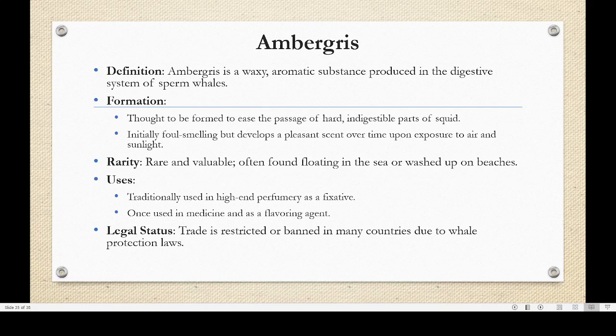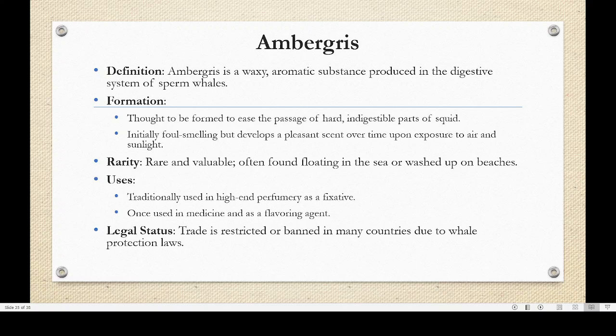We will convert this into INR. I don't know how much it is. That is, 1 kilogram of this ambergris will be 4.52 lakhs. So it is a very costly product. That is the value of this ambergris, a very expensive product.